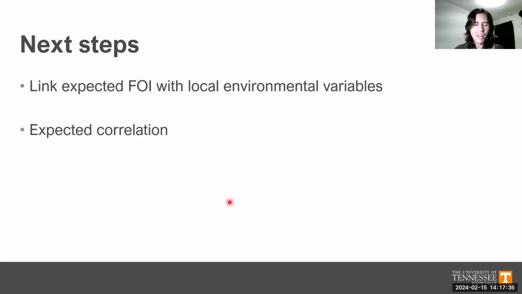When it is not, however, and this is an outstanding challenge, we need to have a way to estimate the expected correlation, because right now it's only based on the observed data. If there was a way to properly calculate the expected correlation and link that with environmental variables and with social interactions, then our method would be that much more powerful.